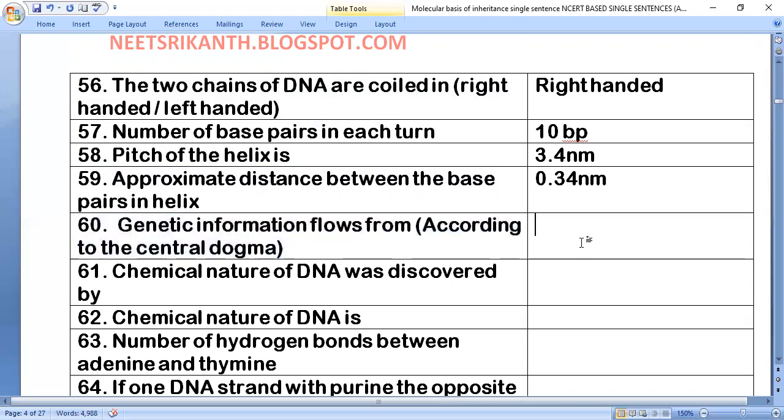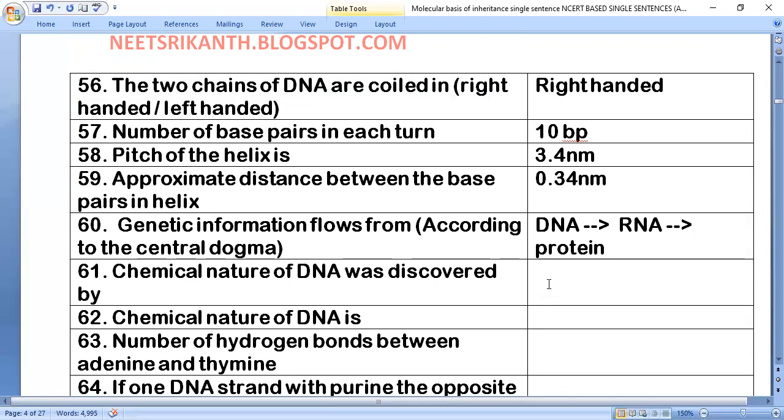Genetic information flows, according to the central dogma, from DNA to RNA to protein.